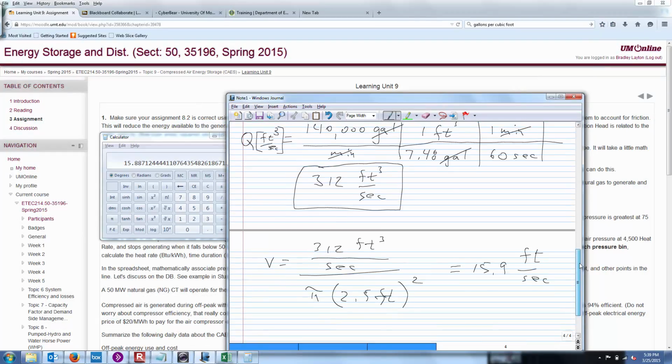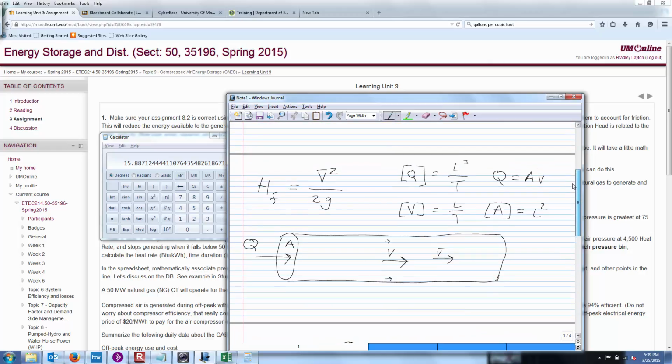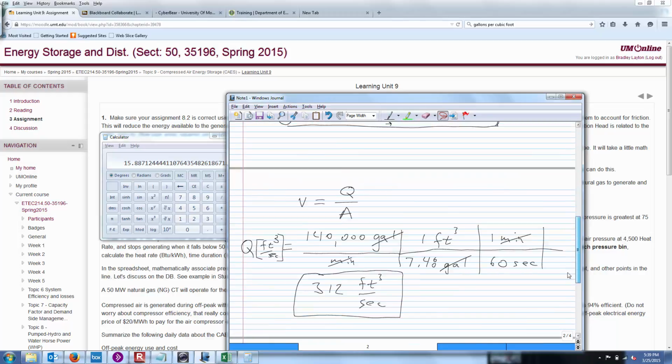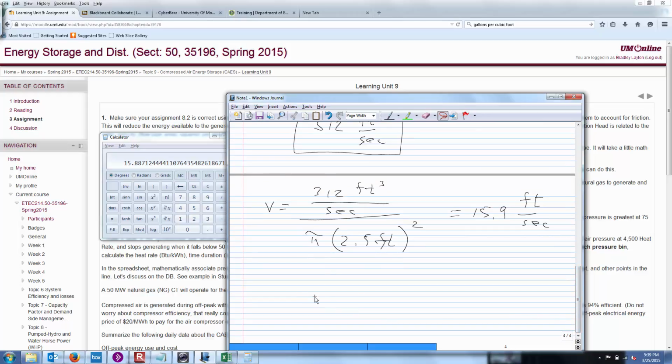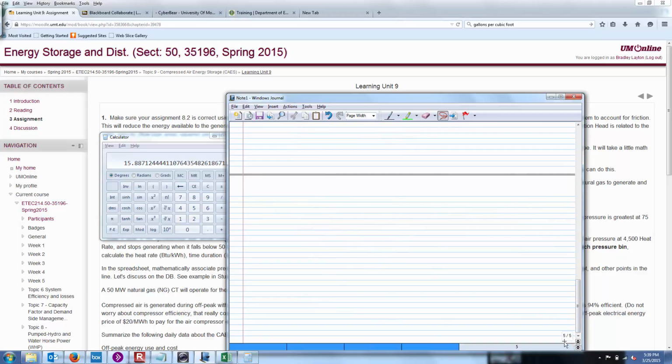So 15.9 feet per second, there's our velocity. All right, so now we can go back in and calculate our fluid loss. Take this whole guy, copy, come back down here, let's go on a new page, paste.